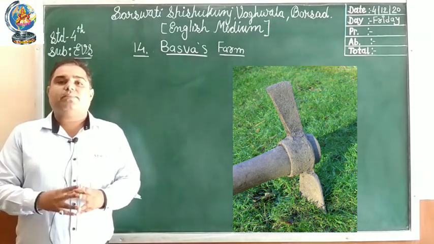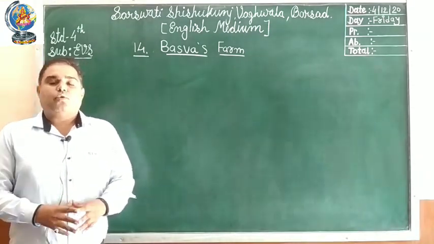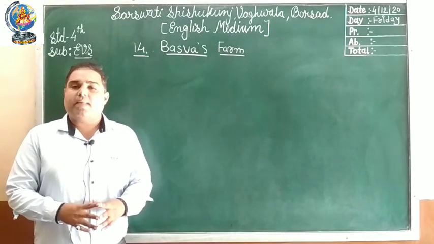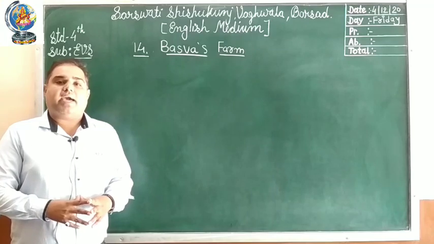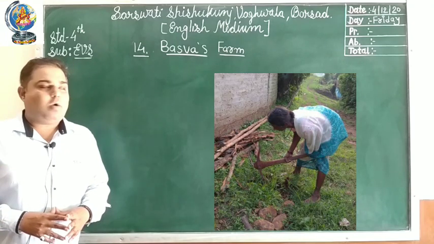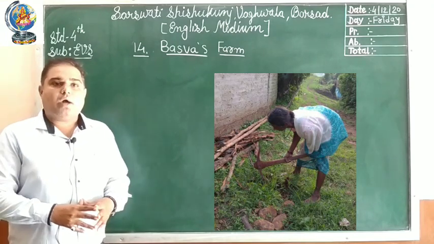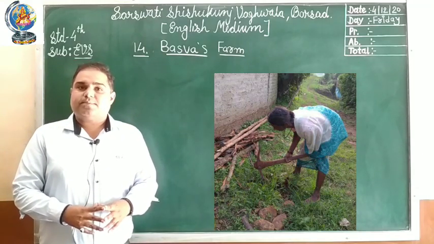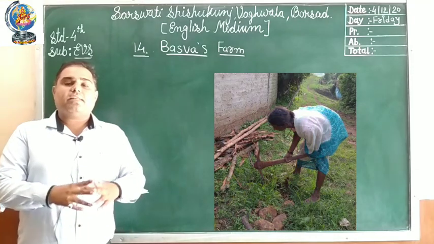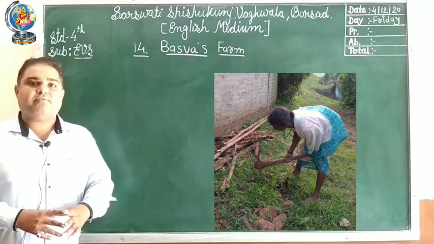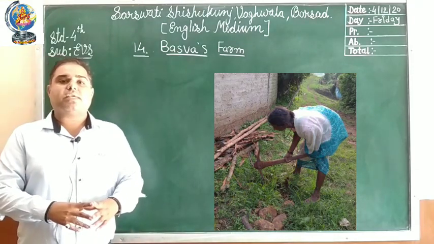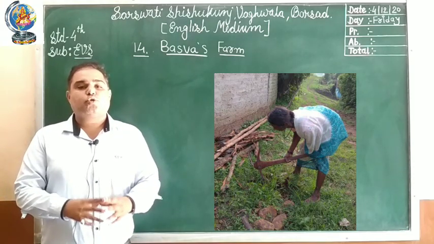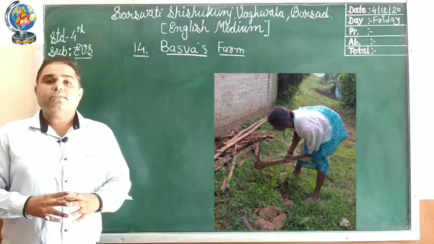Students, you can see that Basva's father is using Kunti or Kodali. This is another picture of Kunti or Kodali. See which type of implement it is. In another picture you can also see that one woman is using Kodali or Kunti to loosen or dig the soil.